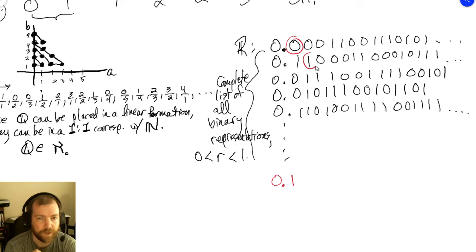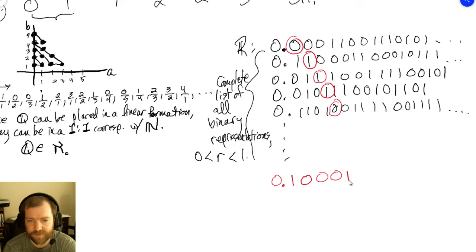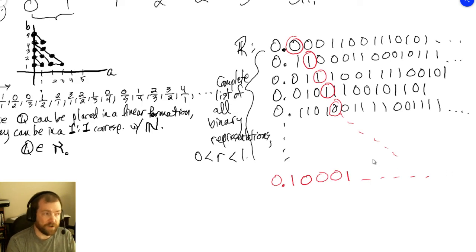If I take the second element of the second number and change it, and the third element of the third item and change it, and the fourth element of the fourth item and change it, and the fifth element of the fifth item and change it, and continue this pattern, I'm going to come up with a new number that is unique from the first, unique from the second, unique from the third, etc., unique from the nth position. So no matter what that list had, this will have to be a new number.